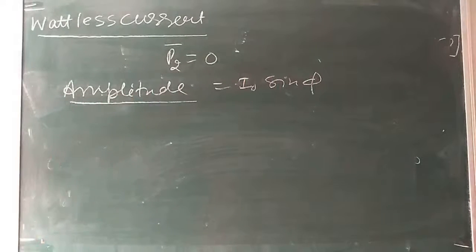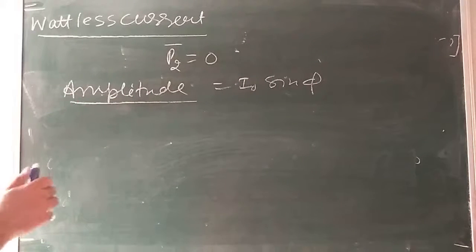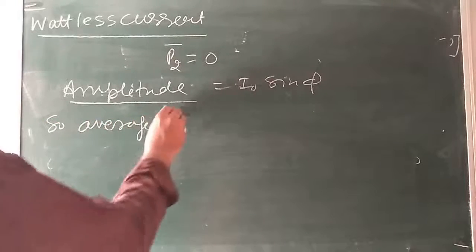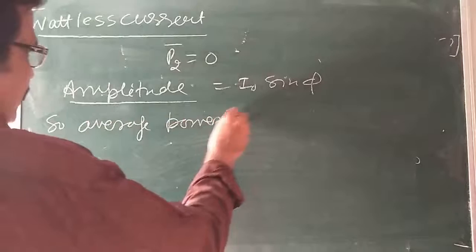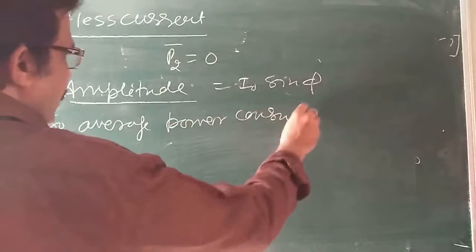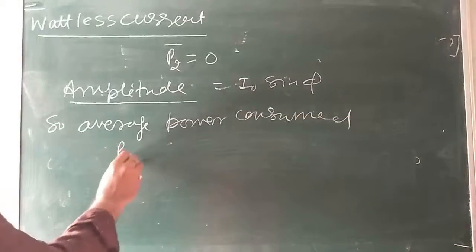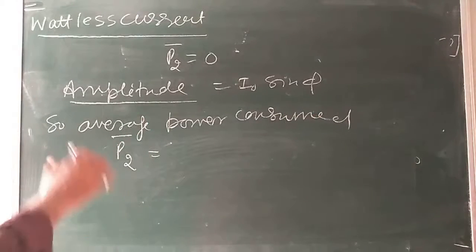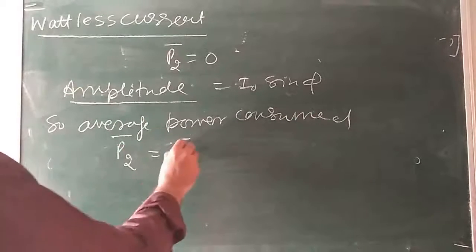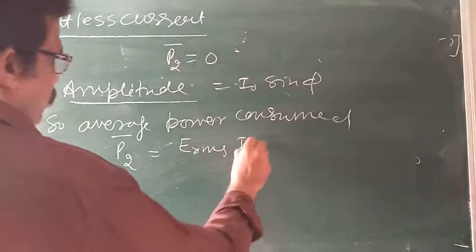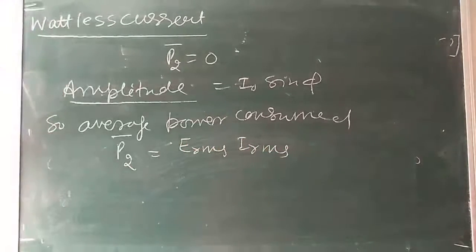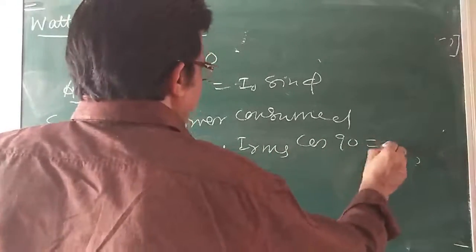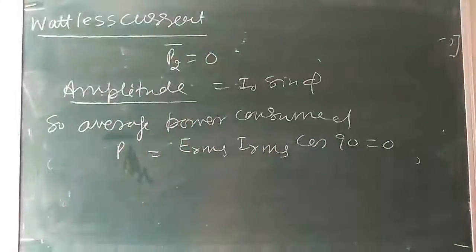We have seen. So the average power consumed in the second part of the power P2 is equal to ERMS into IRMS cos phi, that is cos 90, that is 0. Average power here is 0. Is that clear?